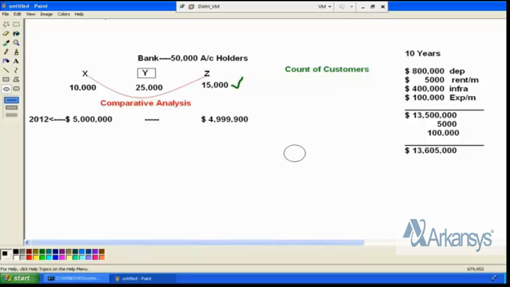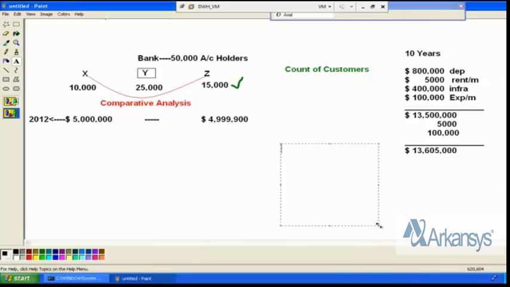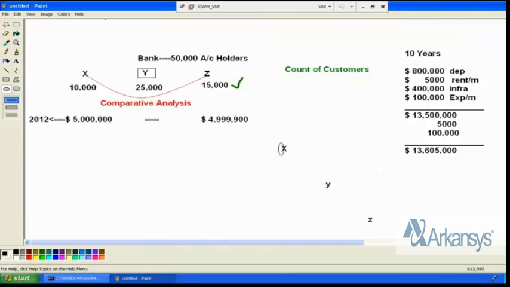It is X. Somewhere X. Somewhere Y. Somewhere Z. This is the geographical location, for example. Then where do you suggest?